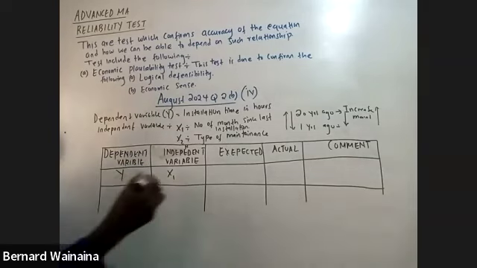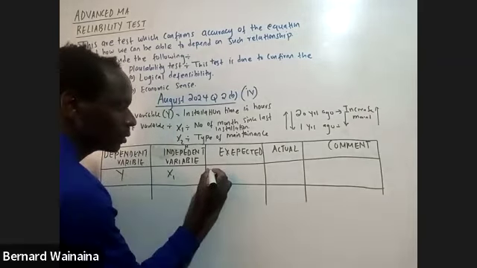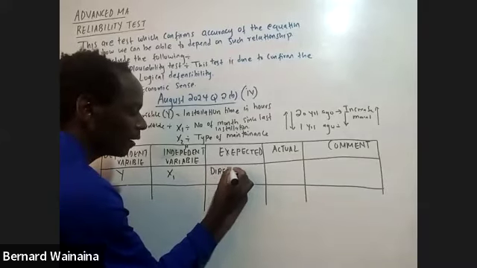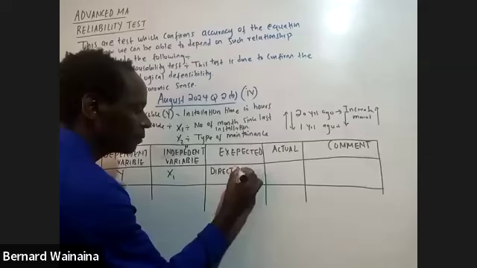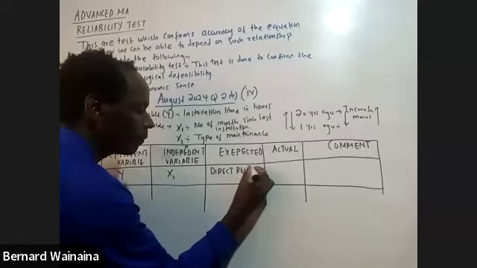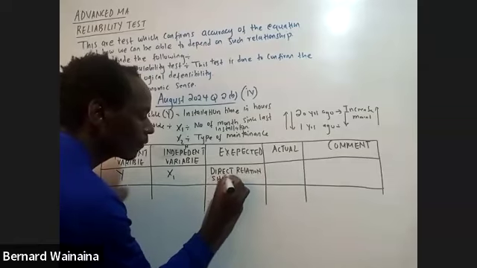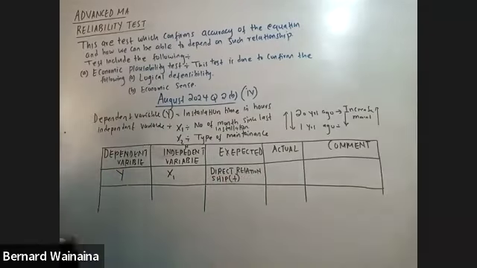What do we expect? We expect a direct relation. Now let's go to our question. What is our actual from the table?